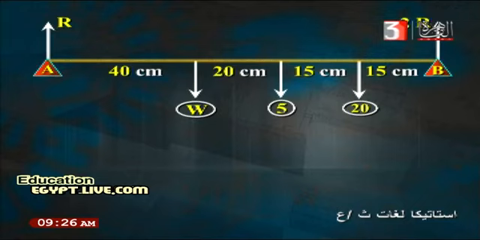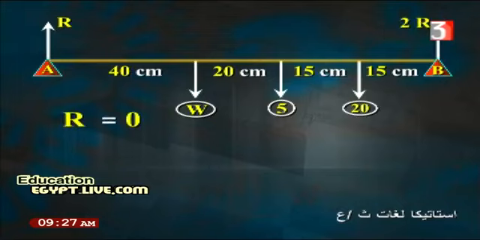This uniform rod AB has a support at A with reaction R, and a second support at B with reaction double R. When we solve this example, we have two unknowns, W and R.